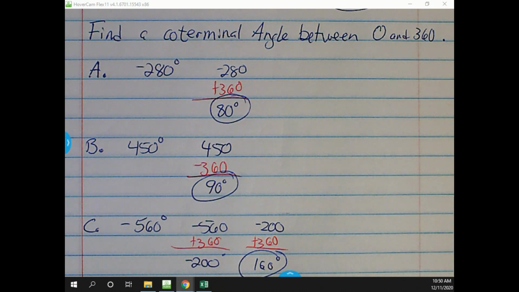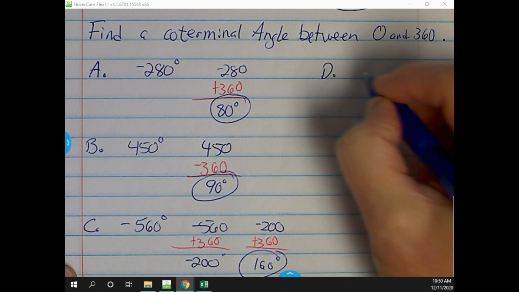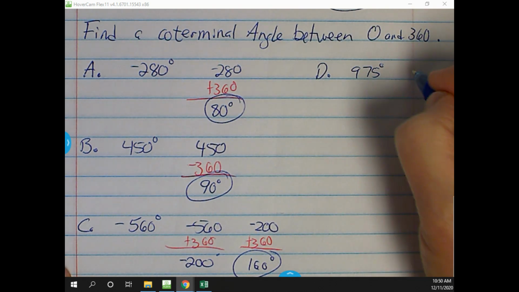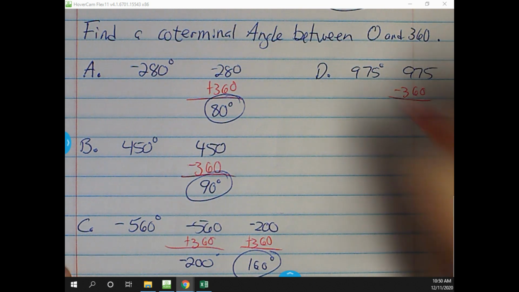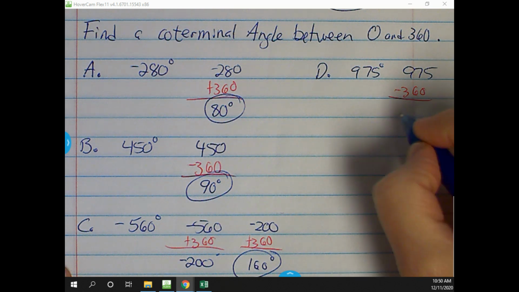Same thing if it was a positive number. If it was 975 degrees, well, you'll take that number and you'll subtract 360. All right, we'll do that real quick. That is 615.